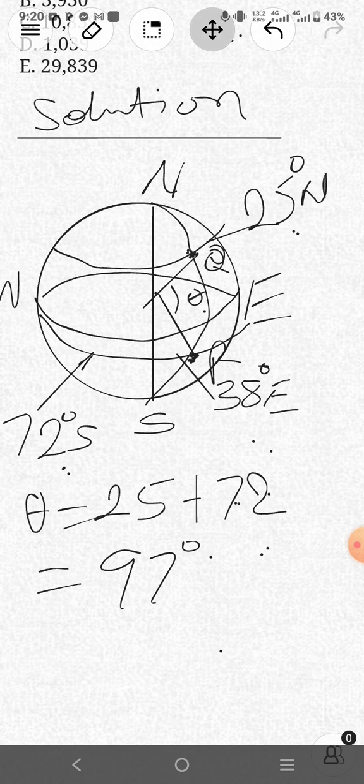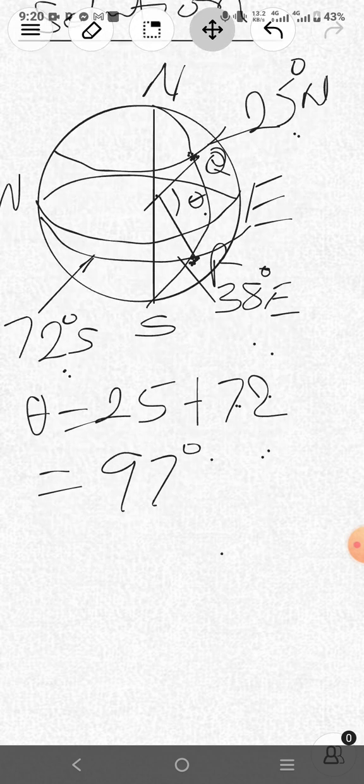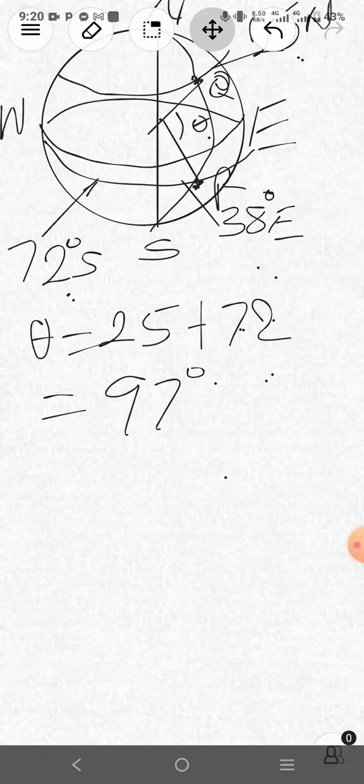Now, we want to calculate the distance. The 38 degrees is our common longitude, but we don't need it. It is the theta only we need.